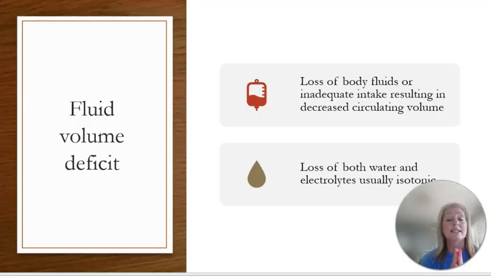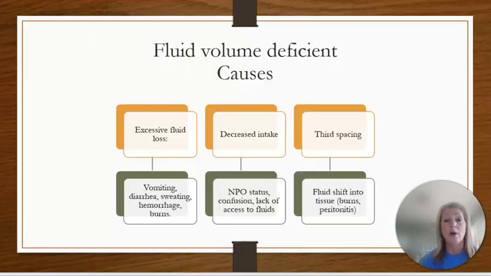Okay, so just not enough fluid. So we are in a fluid volume deficit. We do not have enough fluid. So fluid volume deficit, what happens? How does this happen? Well, I mentioned a minute ago that that would be excessive fluid loss. So we've got vomiting, we've got diarrhea, we've got hemorrhaging, we've got burns.